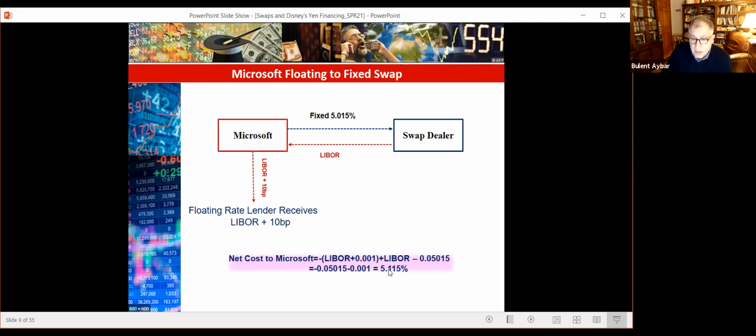Combined cost is 5.115% for Microsoft. Obviously, all of these payments are based on a 100 million US dollar notional. So that is the basis of the swap. And in swap statistics, that notional amount is used to account for the size of the market. So, for instance, this deal is going to be recorded as a $100 million swap deal in the market.